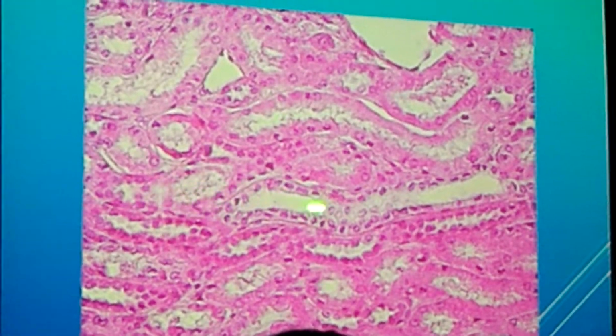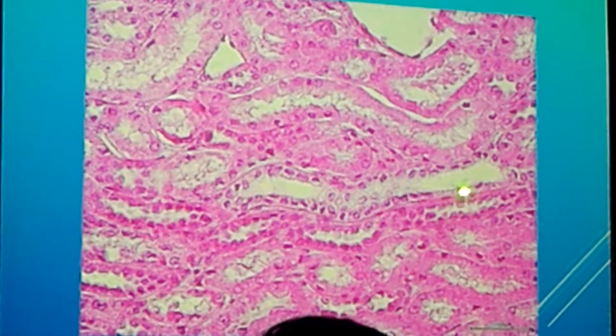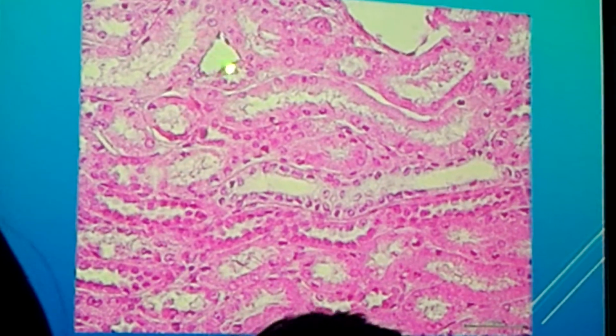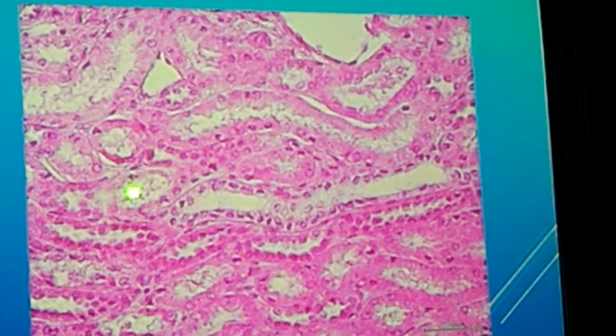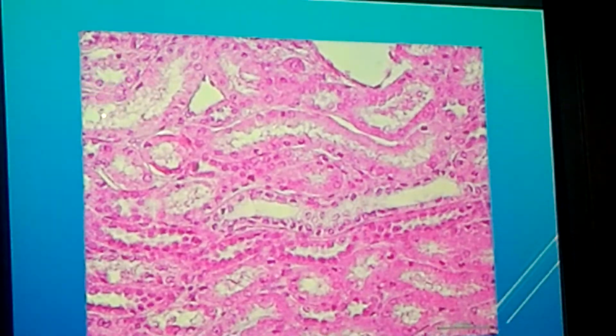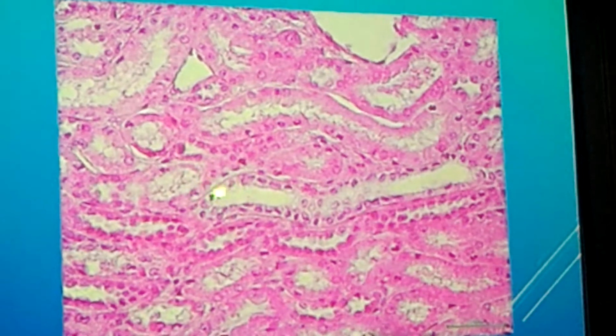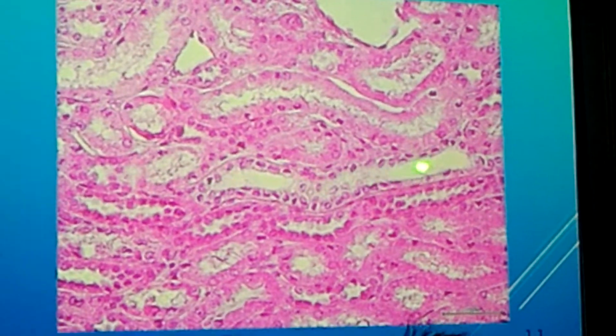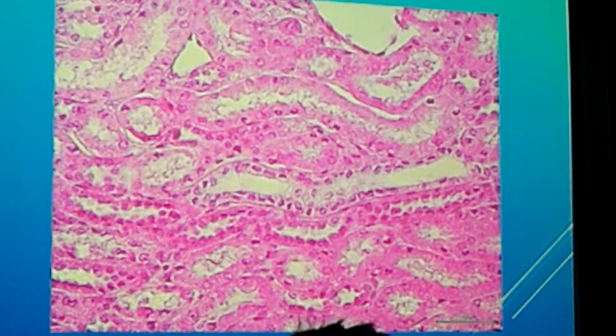Okay, ito yung longitudinal cut, cross-section. So this would be your distal, proximal, okay? The longitudinal of your distal convoluted tubule.